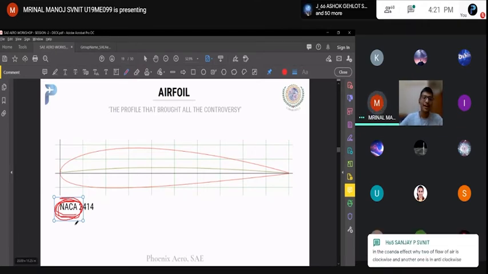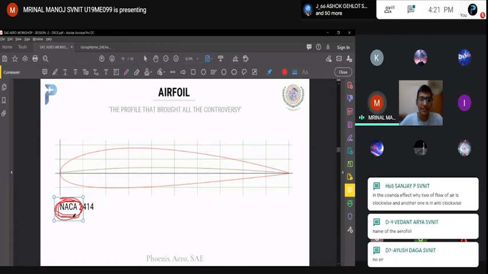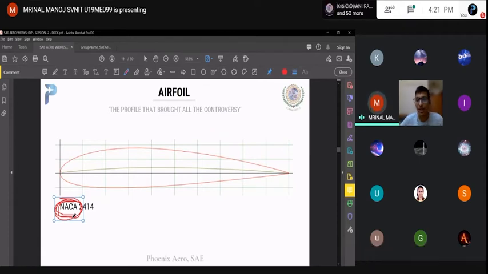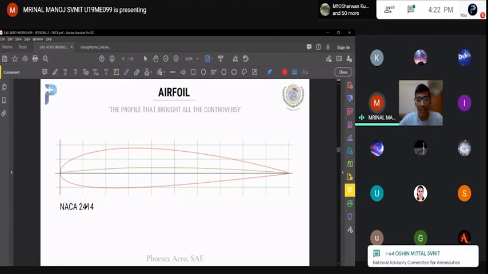Okay, fine. At the end of the session, I'll get back to this. It's pretty interesting, and you will know what NACA changed to, or that NACA was the predecessor of something. Now, moving on to the airfoil itself.